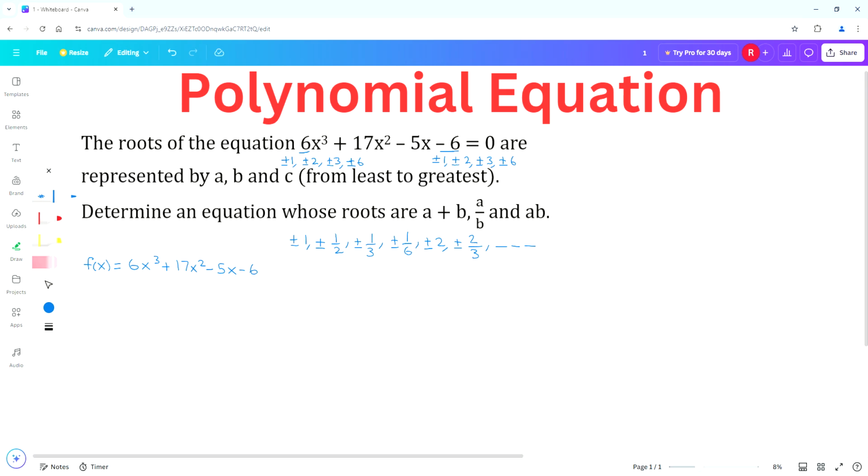We have to sub in the x values one by one, starting with 1, then -1, positive half, negative half. The first x value that will make the value of this polynomial equal to 0 is negative half. F at negative half is equal to 0.